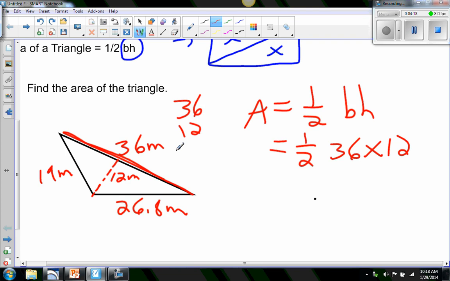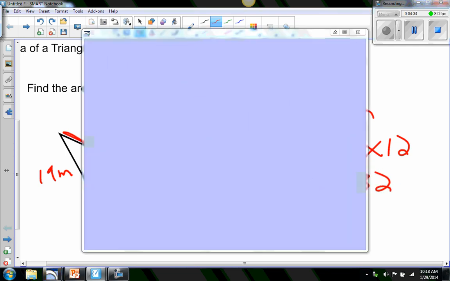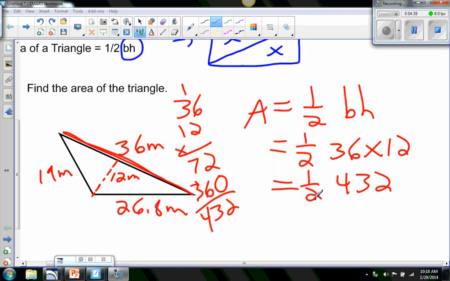Okay, so if I multiply 36 times 12 here, 432. So then to finish this 1/2, all I should have to do is divide this by 2, because 1/2 of it means I'm dividing it by 2.